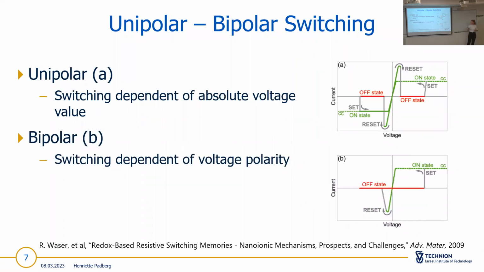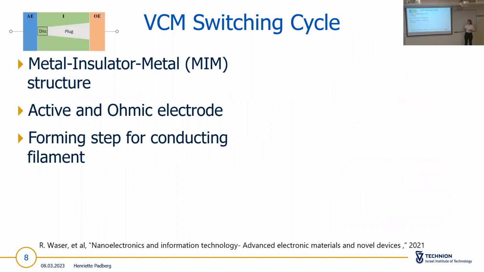In comparison to that, we have the bipolar switching. Here, the switching is dependent on the voltage polarity. So we have defined that the positive voltage leads to a set process, negative voltage leads to a reset process. And the VCM, as I mentioned, are bipolar switching devices.